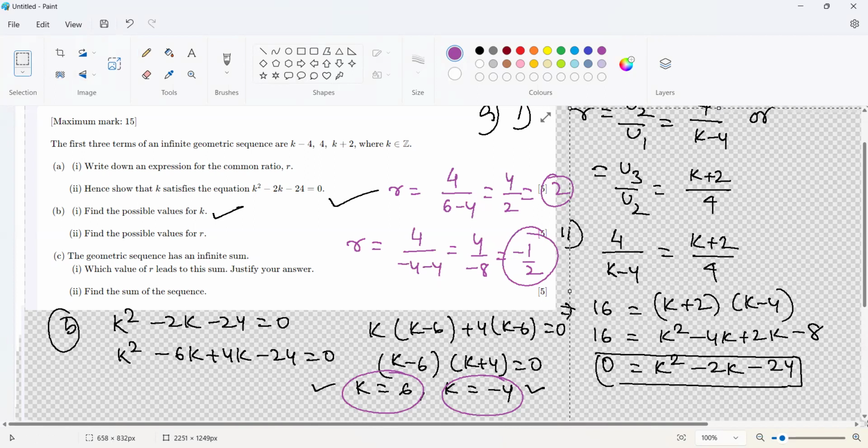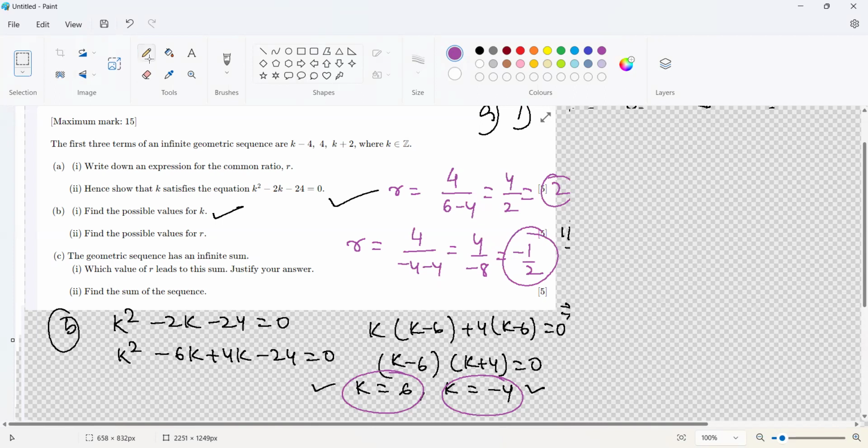Let's come to the C part. The geometric sequence has infinite sum. So this is infinite GP. For which value of R leads to this sum. So we know that for infinite GP, my R value should be from -1 to +1. This is the only condition for R to make the sequence infinite GP.